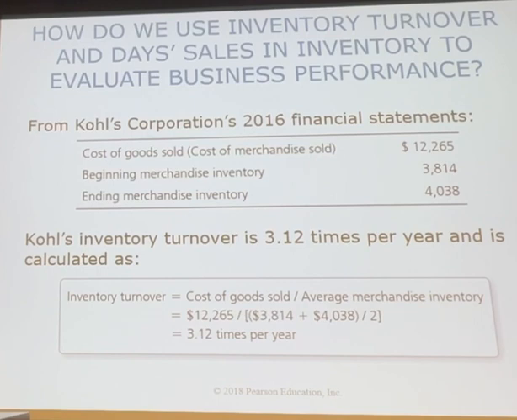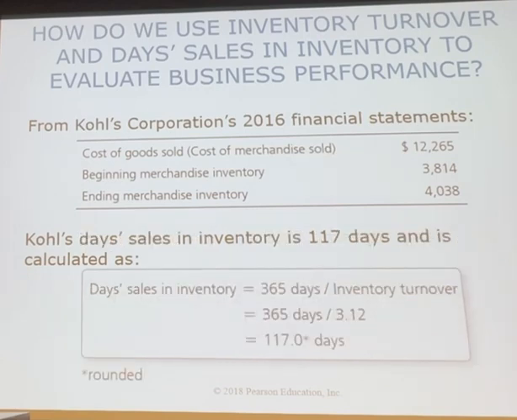And then for days sales in inventory, it would be 117 days. So on average, it's taking them 117 days to sell their inventory. These would both be fairly typical ratios for retailers that are clothing oriented or department store type retailers.